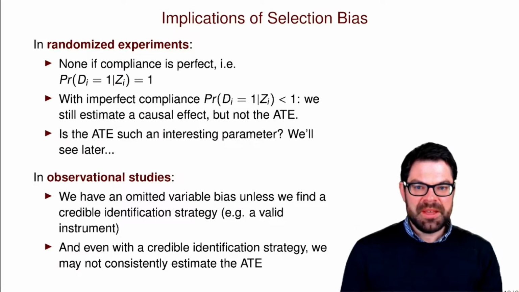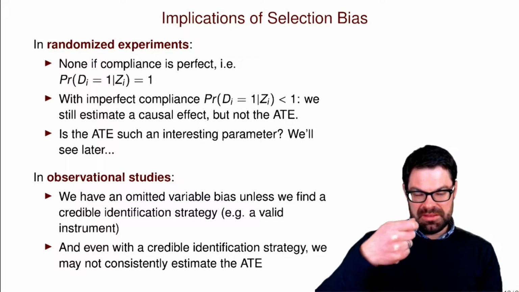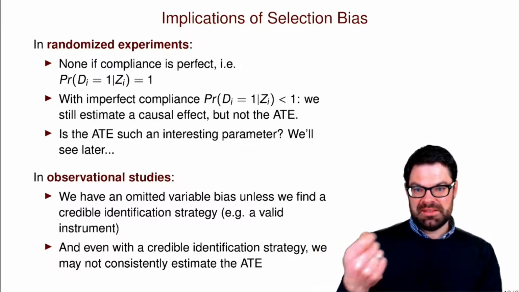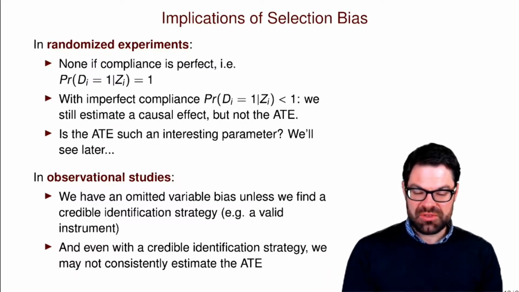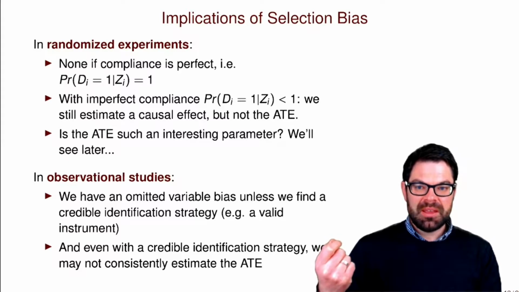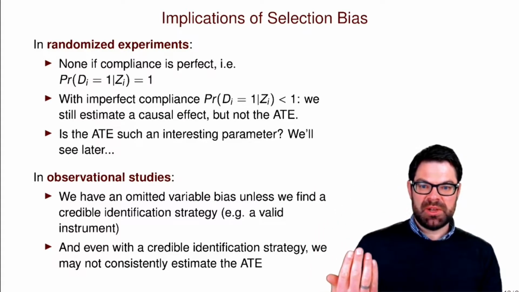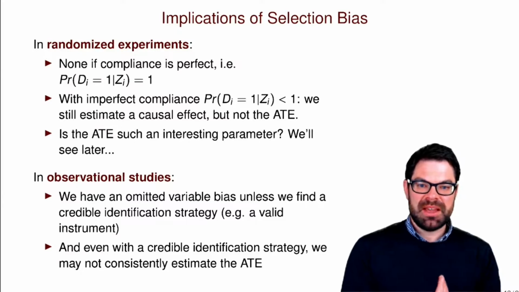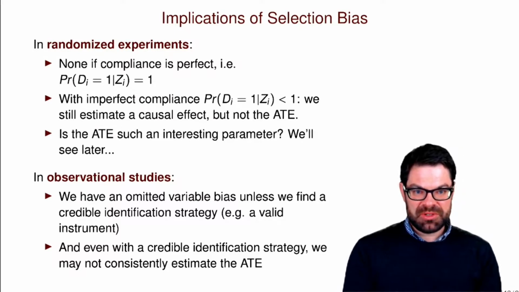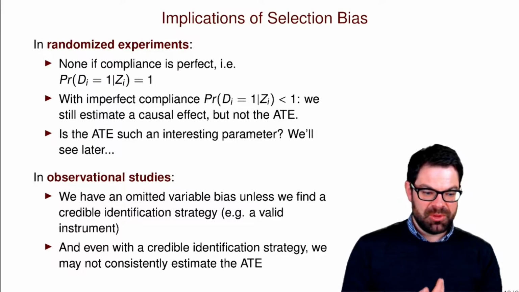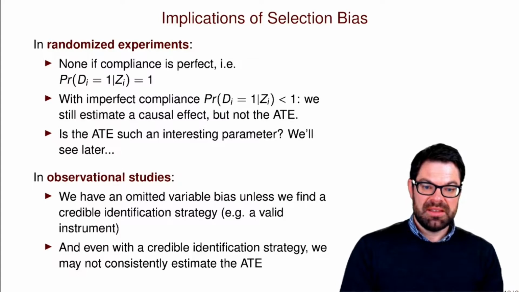when you have a randomized experiment and you randomly assign a variable z that is basically an instrument, such as a voucher that then allows you to get treated, if compliance is perfect, you have no selection bias. With imperfect compliance, it's not really a selection bias. People don't refer to it like that because it's not that subjects could select into the instrument.